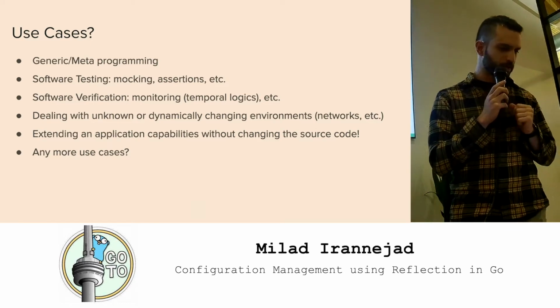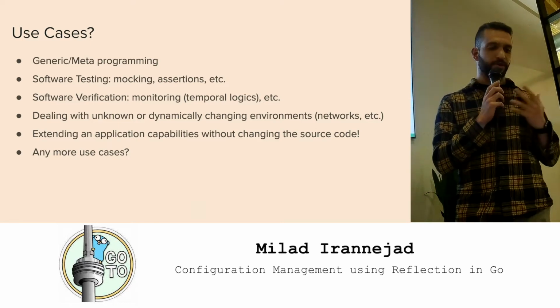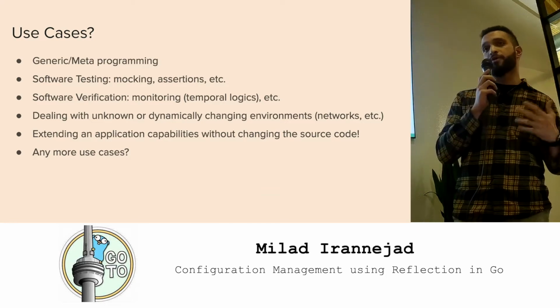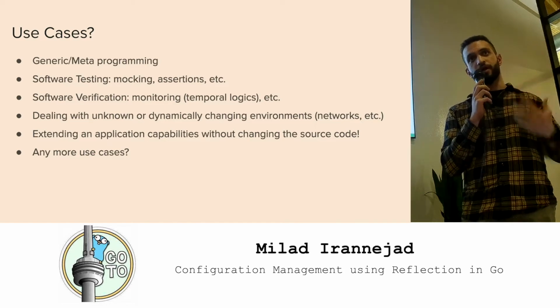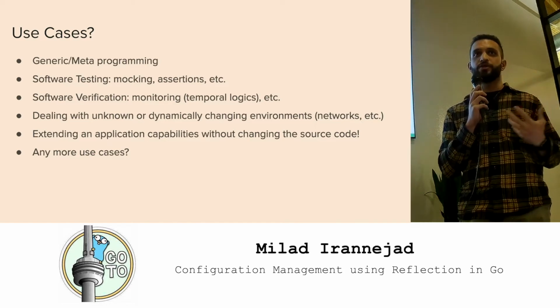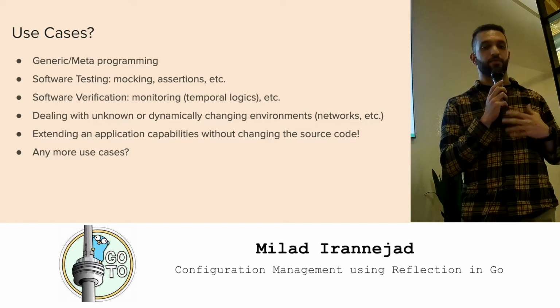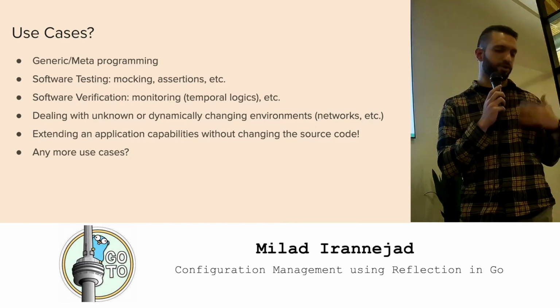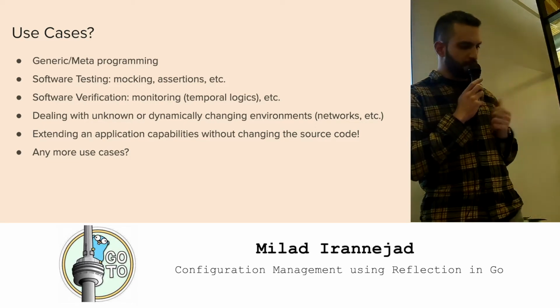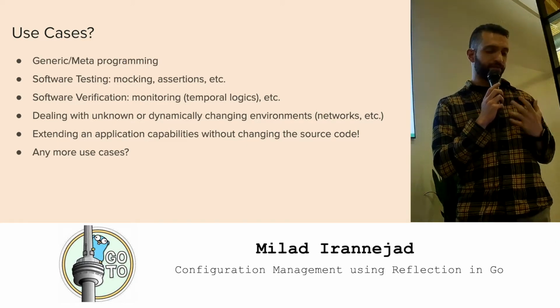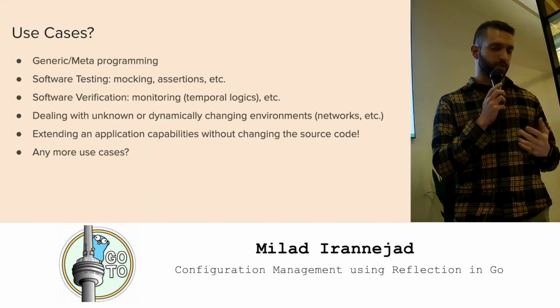Also in dynamically changing environments, like network environments or unknown environments where the underlying infrastructure is changing, reflection can be used for changing, for example, your data types, the size of your integers. And you can extend the capabilities of your application without changing the source code.